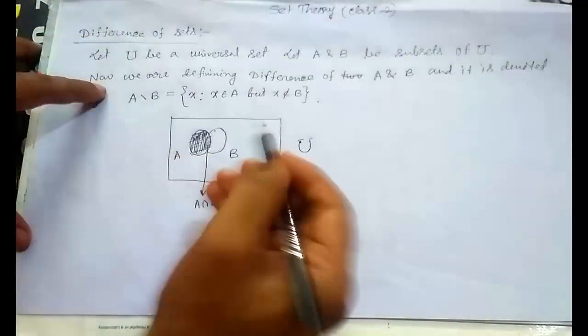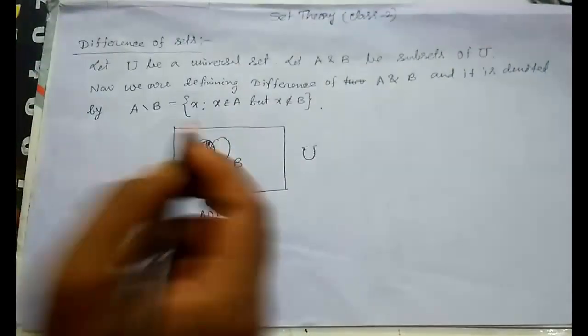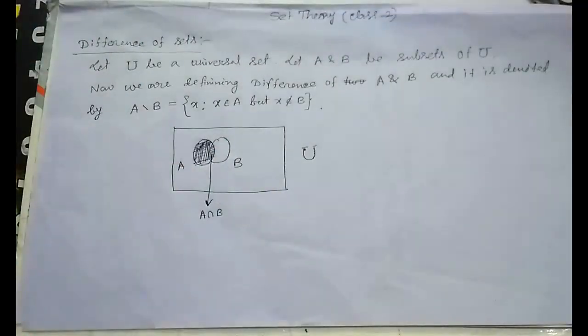So in this region, only the elements of A which are not belonging to B are situated.